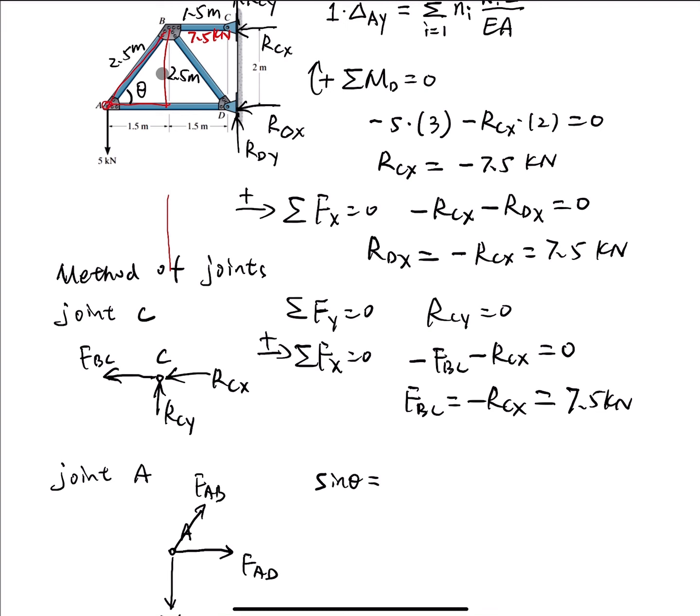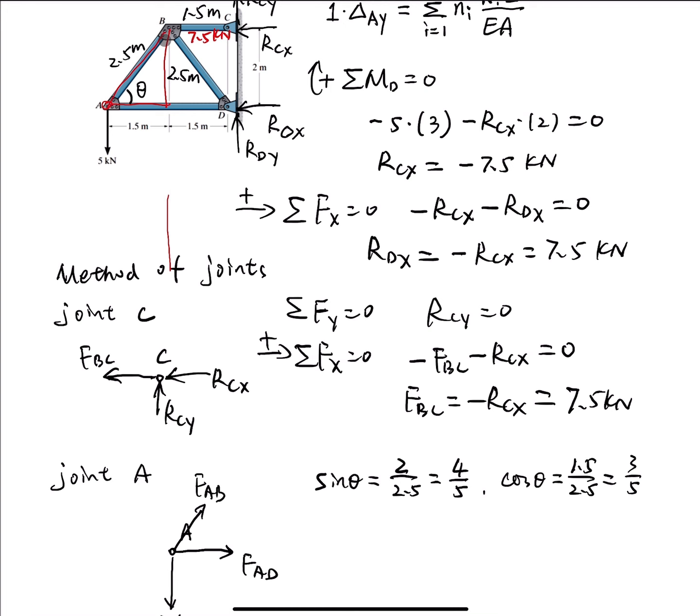This is 2 meters, AB is 2.5 meters. So sine theta is 2 meters over 2.5, that is 4 over 5. We can also calculate cosine theta: the length of this one is 1.5 meters over the length of AB, 2.5, that is 1.5 over 2.5, that is 3 over 5.